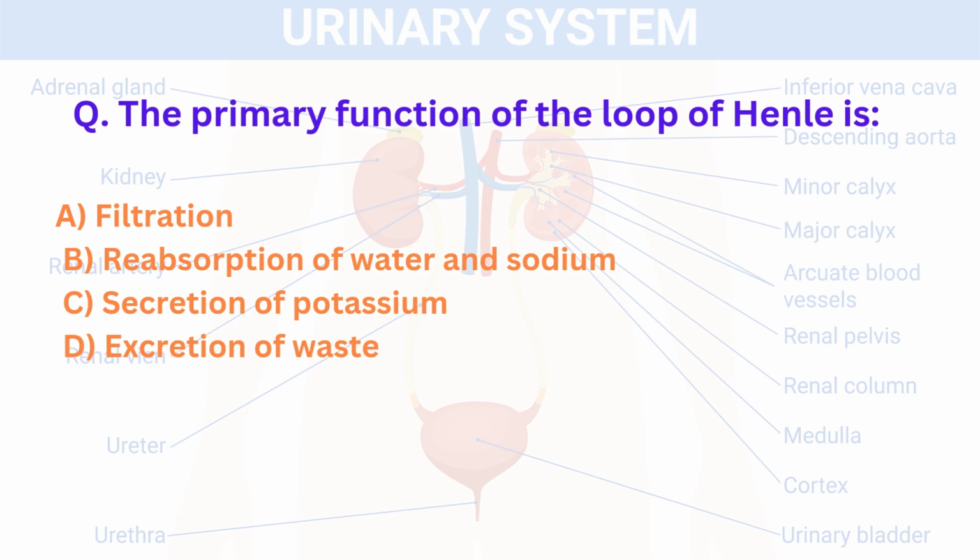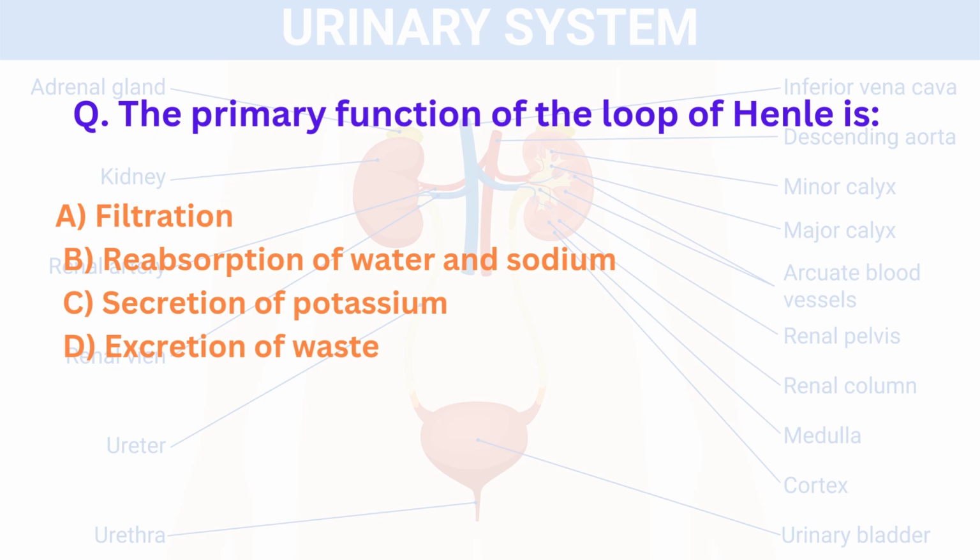Then reabsorption of water and sodium. For this, the loop of Henle is responsible that concentrates urine by reabsorbing water and sodium, helping to maintain electrolyte balance. Then secretion of potassium.